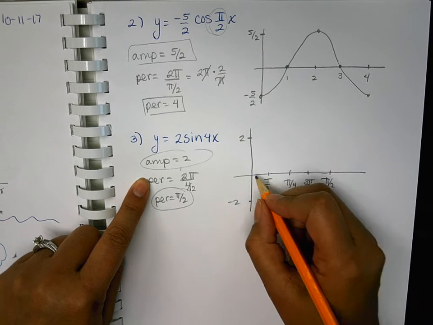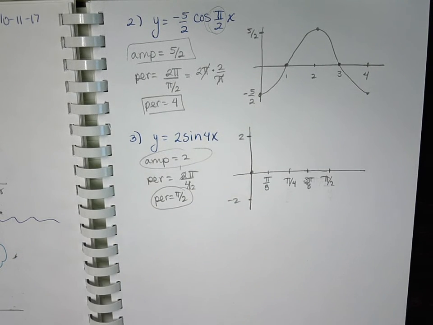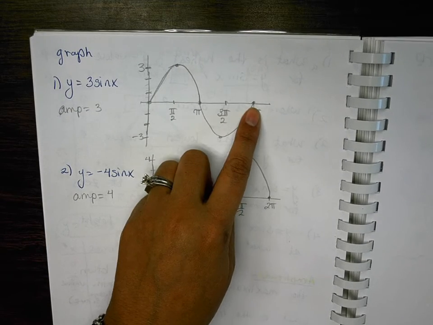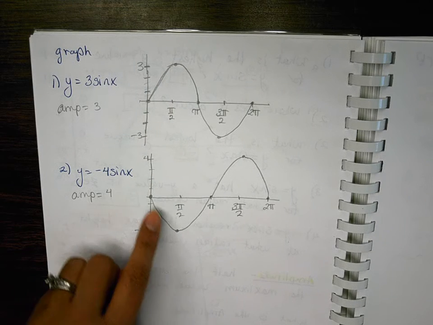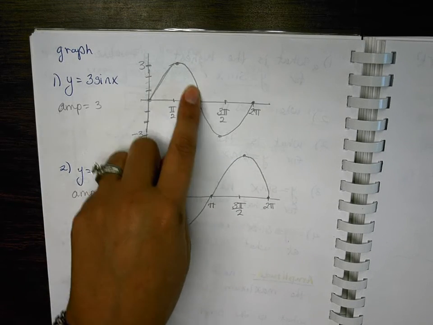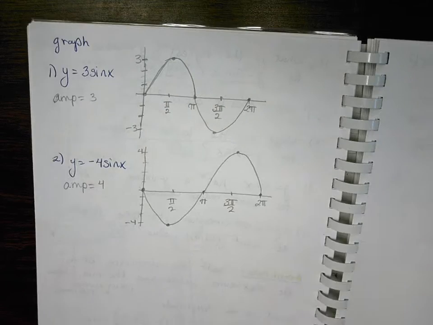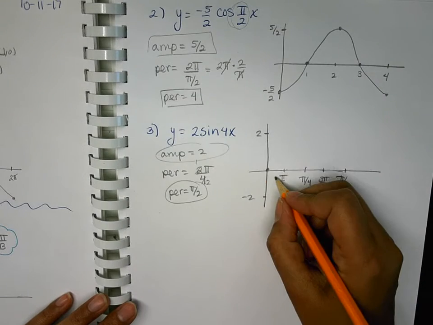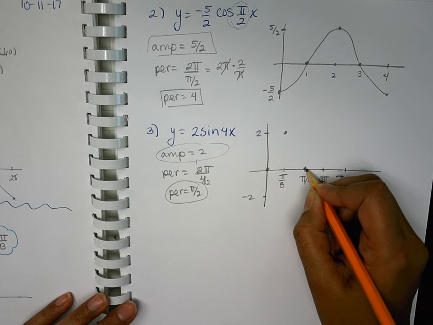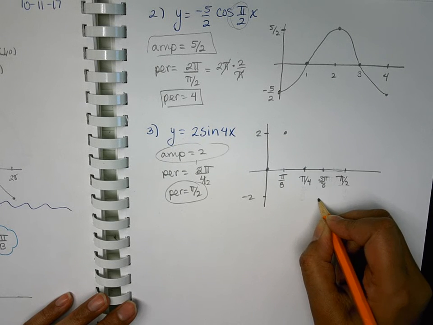Good job. Okay, so I'm going to quickly come back to my sine graph. 0, max, 0, min, 0. And if it was negative, 0, min, 0, max, 0. So since it's positive, we're going this way, yes? Okay. So 0, max would be where? 2, 0, minimum, 0.